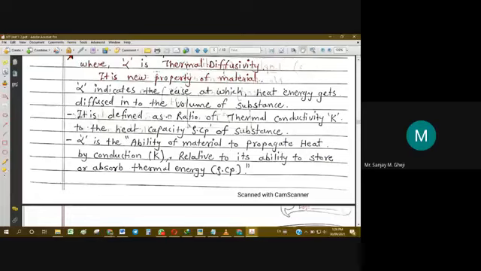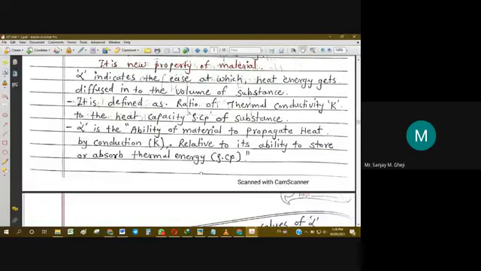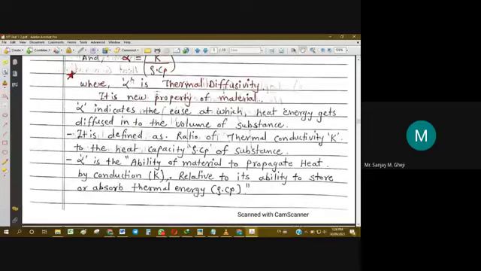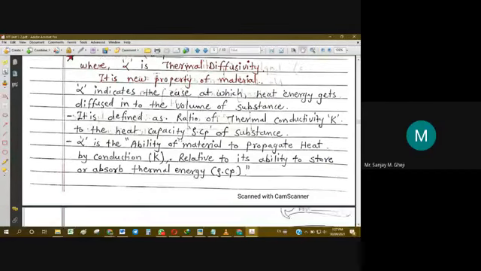But at the same time, if you take some other material such as wood or plastic or rubber, and if you try to heat it, it will respond very slowly. The response will be very sluggish because of low value of alpha. Rubber, plastic, all these materials have very low conductivity as compared to their storage capacity of heat in the form of energy.